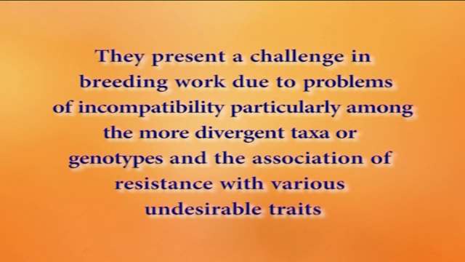The three important mechanisms of resistance are antixenosis, antibiosis and tolerance. First is antixenosis. It is also known as non-preference. Host plants that express non-preference affect the way an insect pest perceives the desirability of the host plant.